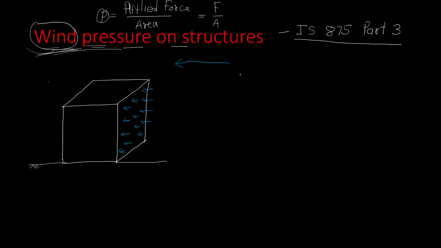So we'll write some points here. So wind exerts wind pressure. आता या wind pressure ला आपण small p ने denote करू. So the wind exerts wind pressure on the surface.